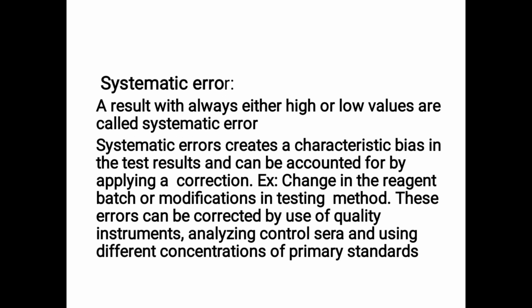But if after a few days you check the albumin result and it is coming low or high with the same machine, that is a systematic error, either low or high values. The cause is either a change in the reagent batch or a modification of the testing method. These errors can be corrected by using a quality instrument, analyzing control sera and using different concentrations of primary standard.